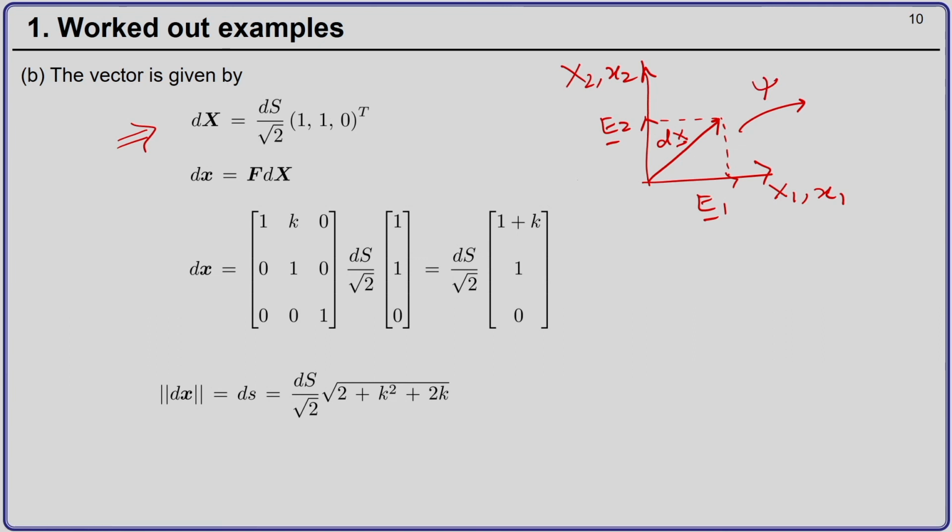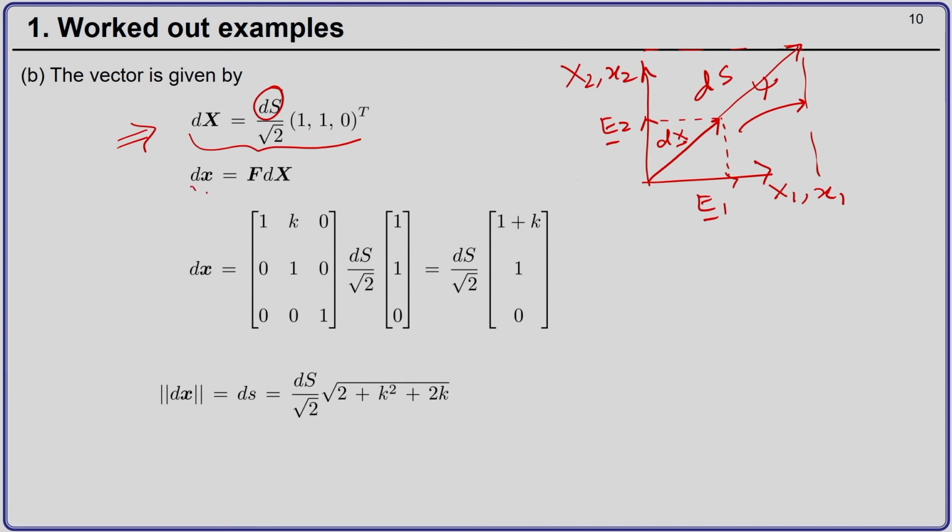Our vector is dS by root 2 times (1, 1, 0). Here dS means I just take any unit vector along this direction, and let its length be capital dS.